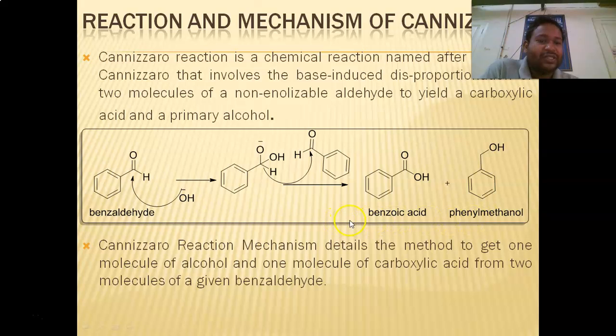So this reaction is called the Cannizzaro reaction. Here, disproportionation of two molecules of the non-enolizable aldehyde yields the carboxylic acid and the corresponding alcohol. This is called the Cannizzaro reaction.